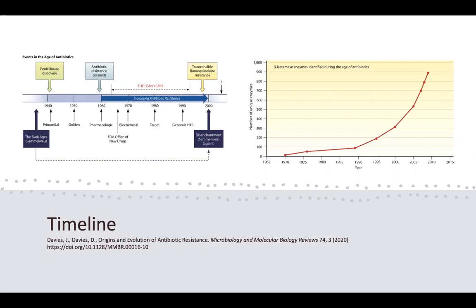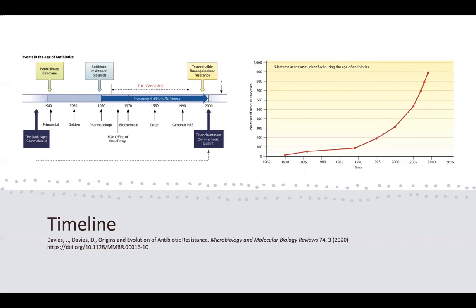Then moving forward, between 1960 and 1970, a period begins that's called the lean years. We'll talk about this a little later, but the lean years was a period of time when there were no new antibiotics being discovered, which caused a significant increase in antibiotic resistance because we're not able to create new methods of treating these pathogens that are resistant to certain antibiotics.